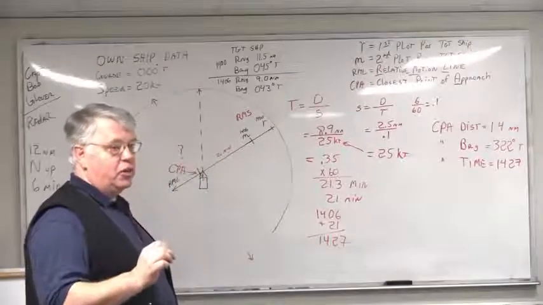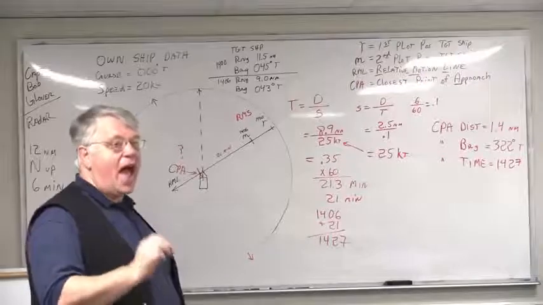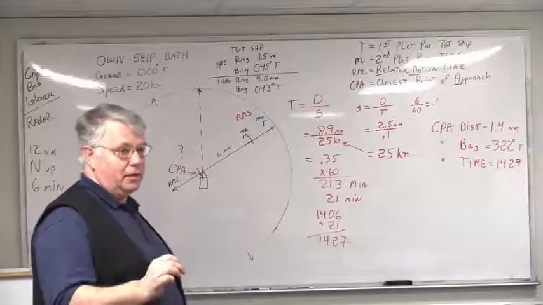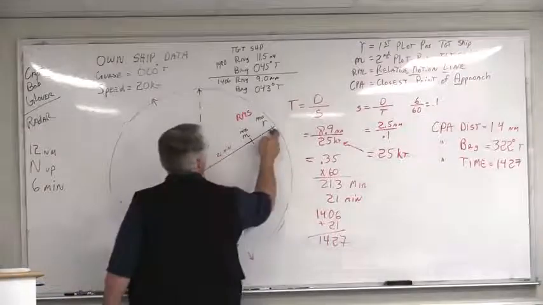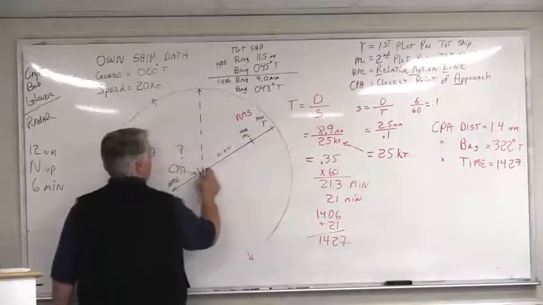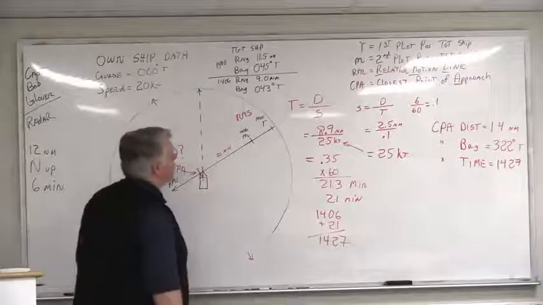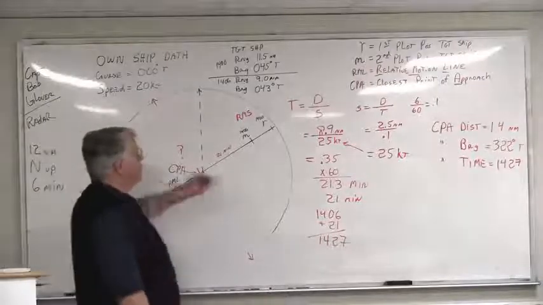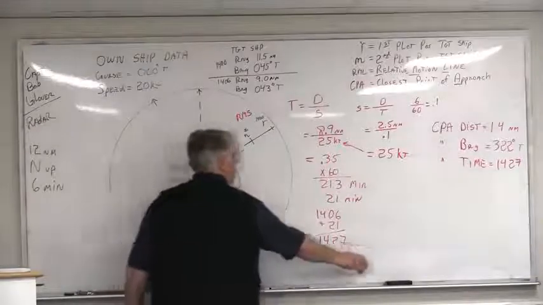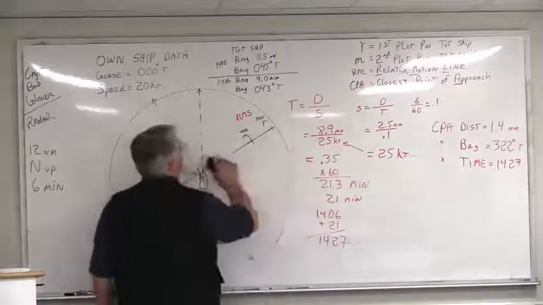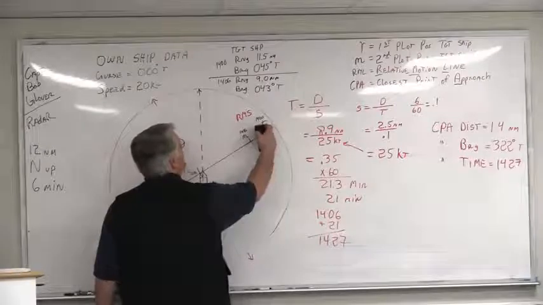In step 2, we're going to establish the target ship's actual course and speed. Okay? This speed is his relative motion speed as he travels down this line. Okay? So that is step 1. We've established the CPA distance, bearing, and time. Okay? We've labeled our target. We did R as the first plot.